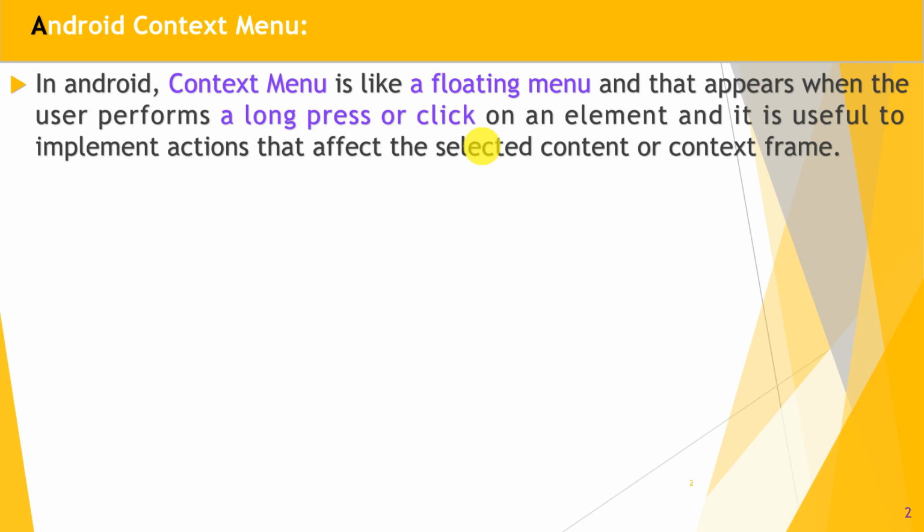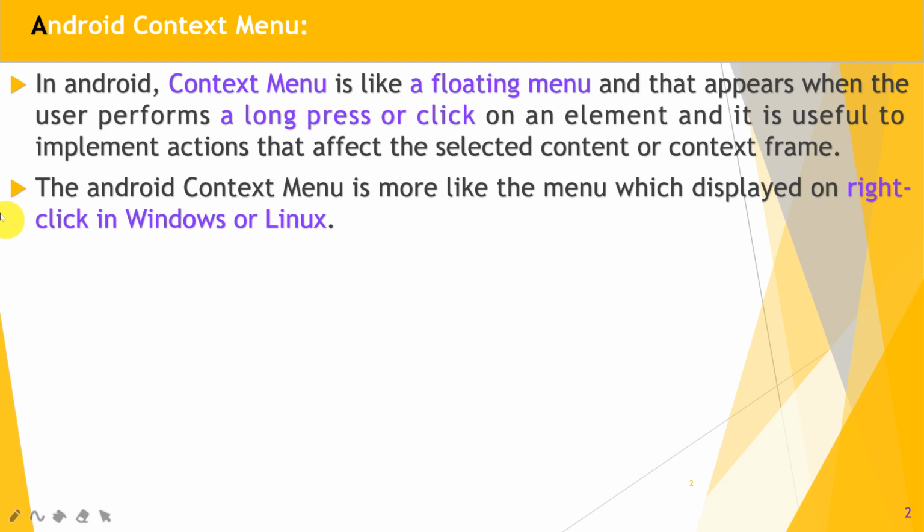The Android context menu is more like the menu which is displayed on right click in Windows or Linux operating systems. It is also called pop-up menus in other languages and in the Windows and Linux OS.